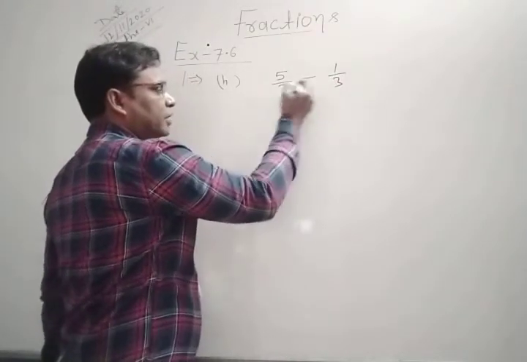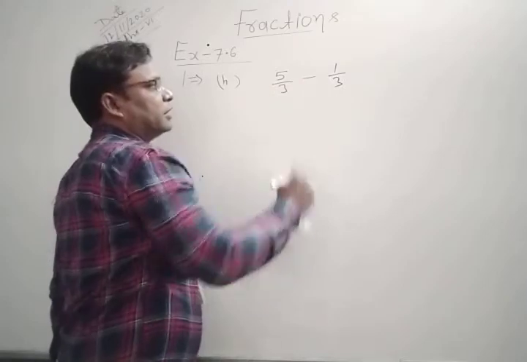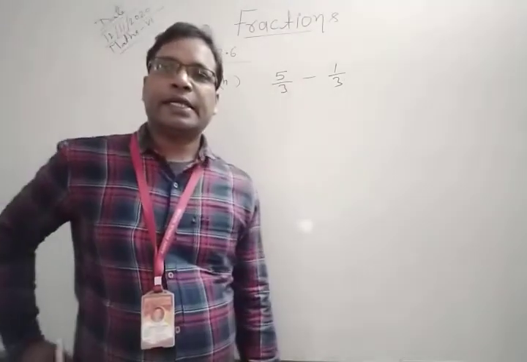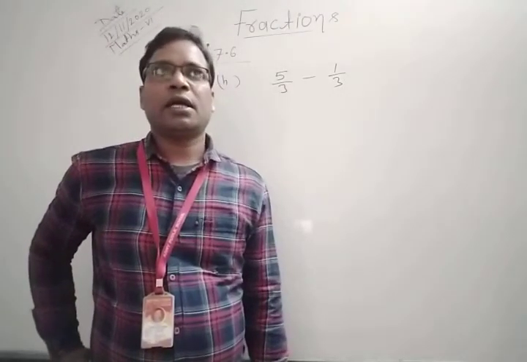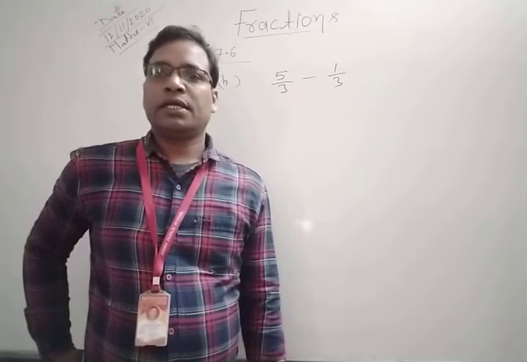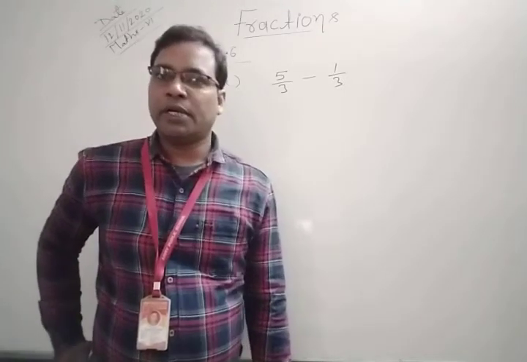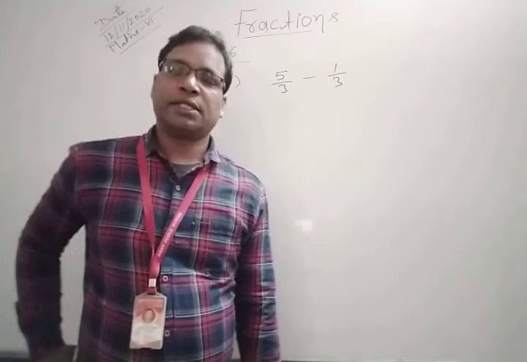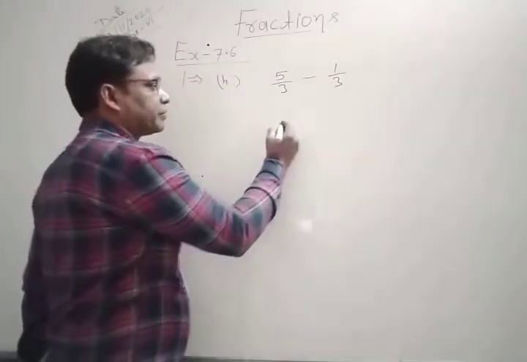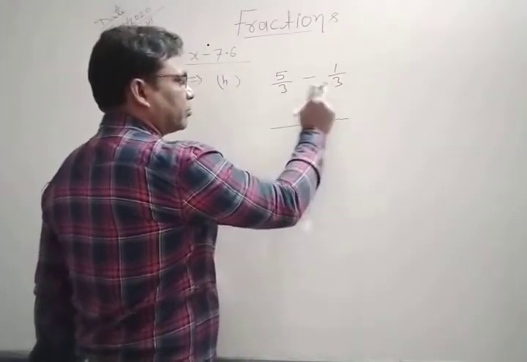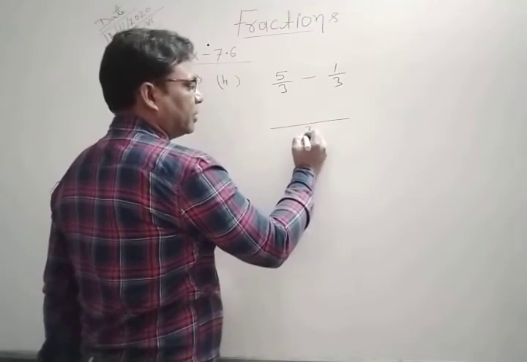So here you can see in both fractions they are like terms. In the case of like fractions, we add or subtract only their numerators, because the denominators of both fractions are the same.